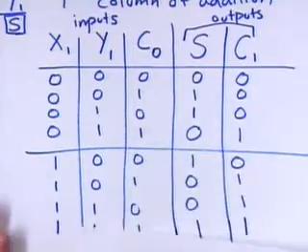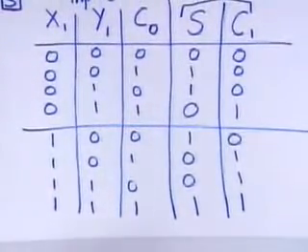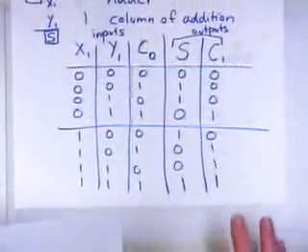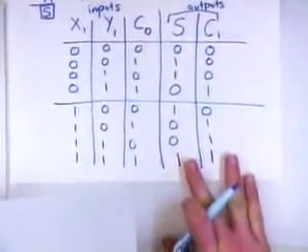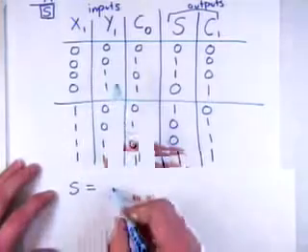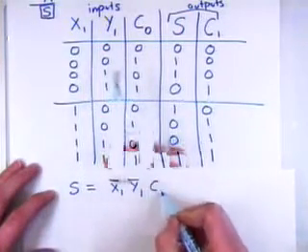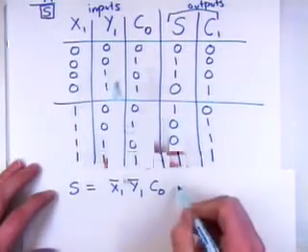For the S bit, let's write our disjunctive normal form. Let me zoom here. We have to write our minterms for that. S is equal to, it has a 1 where x1 is false, y1 is false, and c0 is true.